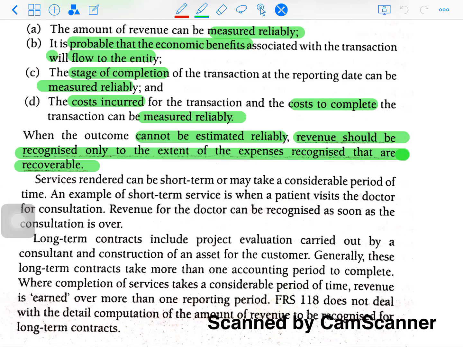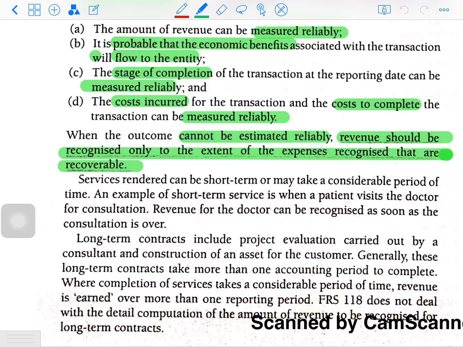Where completion of services takes a considerable period of time, revenue is earned over more than one accounting or reporting period. Okay, so this is construction. Construction ni kita akan deal later in your construction contract punya account. Okay, so this is rendering of service.